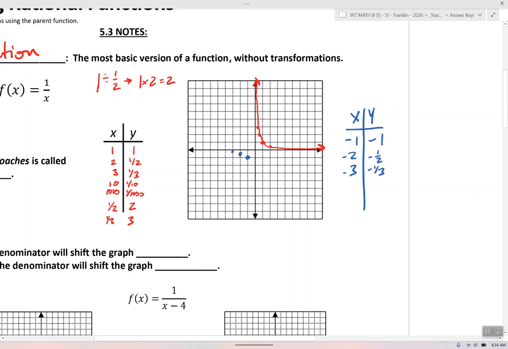So that's going to approach 0 this way without ever touching it. And if I try small negative fractions, like -1/2, that's going to flip it to -2. And so on. -1/3, -3, and it will go much the same as before.